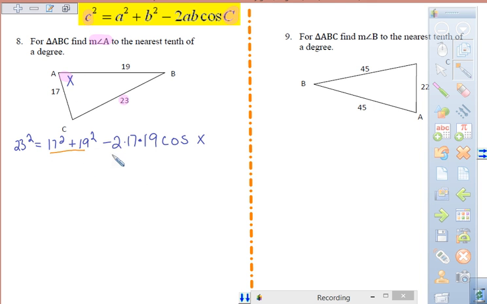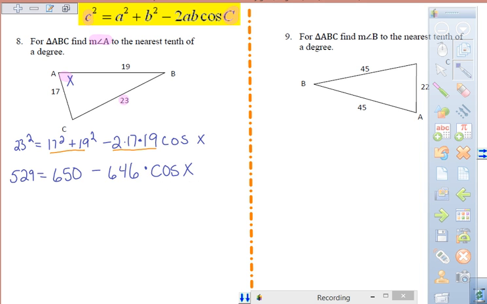So these are the two things I want you to find on your calculators. So you should be getting 650 and 646. So we need to isolate the cosine.